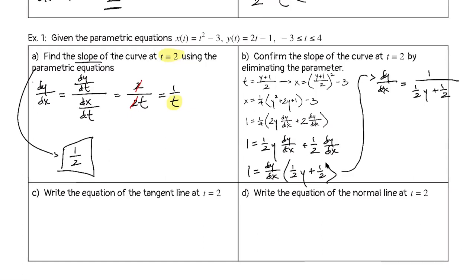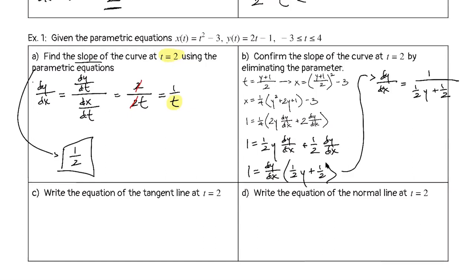And so if I want to find the slope at t equals 2, I can't just plug 2 into here because I don't have a t anymore. I only have a y. So how do I figure out which y to plug in here? Plug 2 into your y equation at the top.